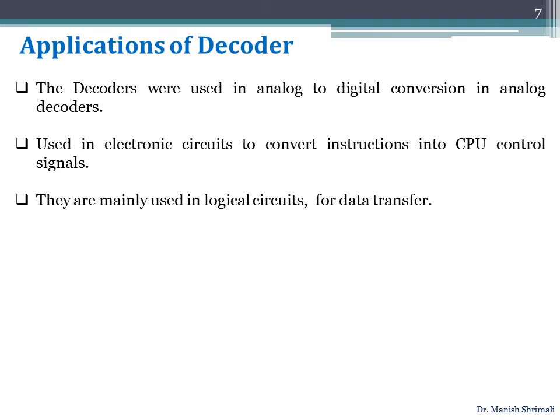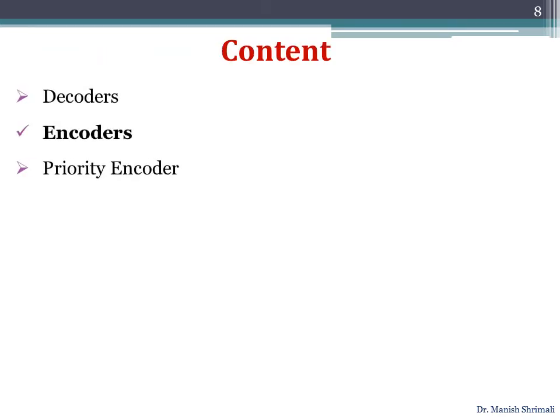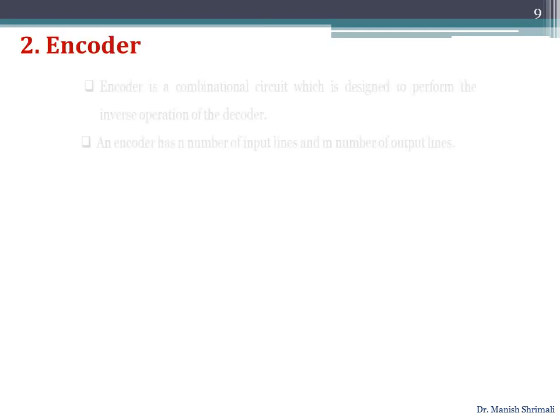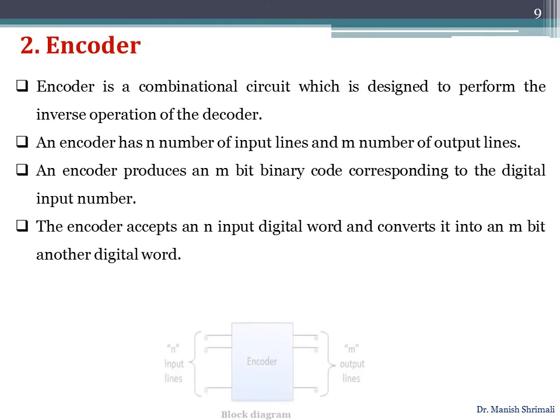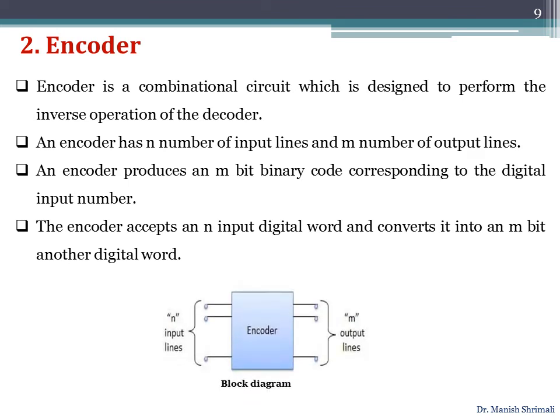Next, let us move to the encoders. Encoders are again a combinational circuit designed to perform the inverse operation of the decoder. It has n input lines and m output lines, and it produces an m-bit binary code corresponding to the digital input number.